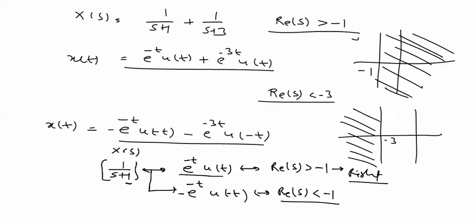For a causal signal we use this idea, for anti-causal we use this idea, meaning we have to select either of the two. We already discussed the 4 types of pattern. ROC decides which pattern the Laplace transform has out of 4 possible cases.